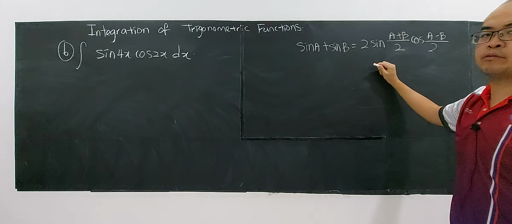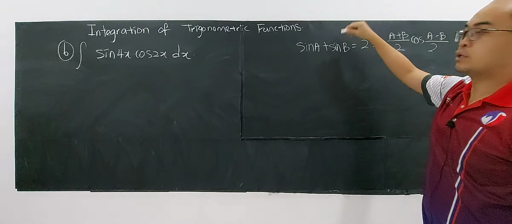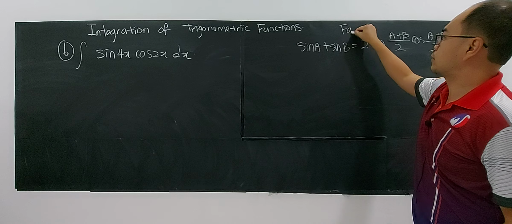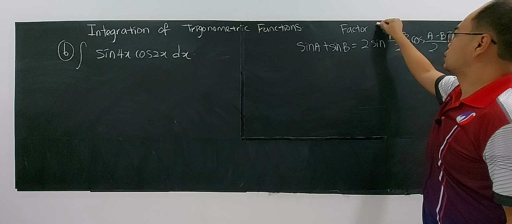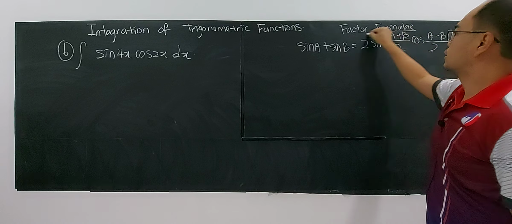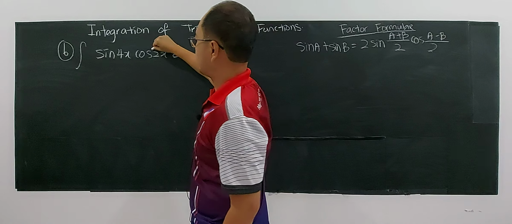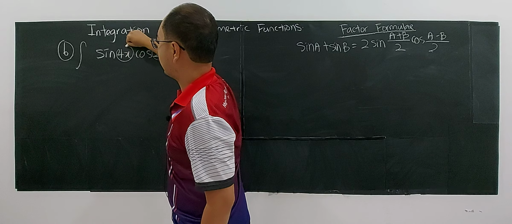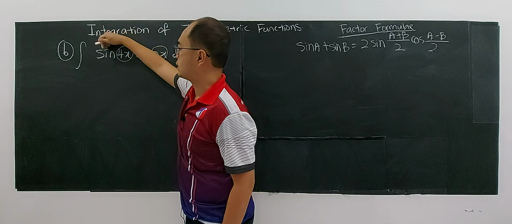Probably you need to go and refer to the factor formula. So why am I talking about the factor formula in this case? Because the sizes of the angles are different, and it is a product form between sine and cos.